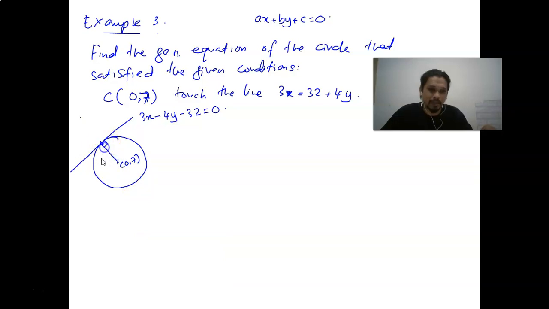And it forms the 90 degrees here. So now the radius between this center and this point, let's say I name this one as P here, from C to P, which is a radius.